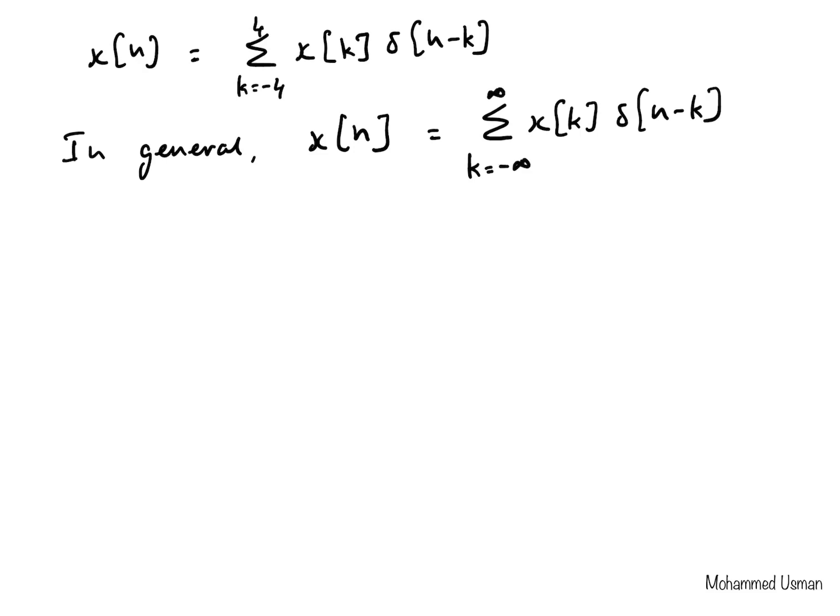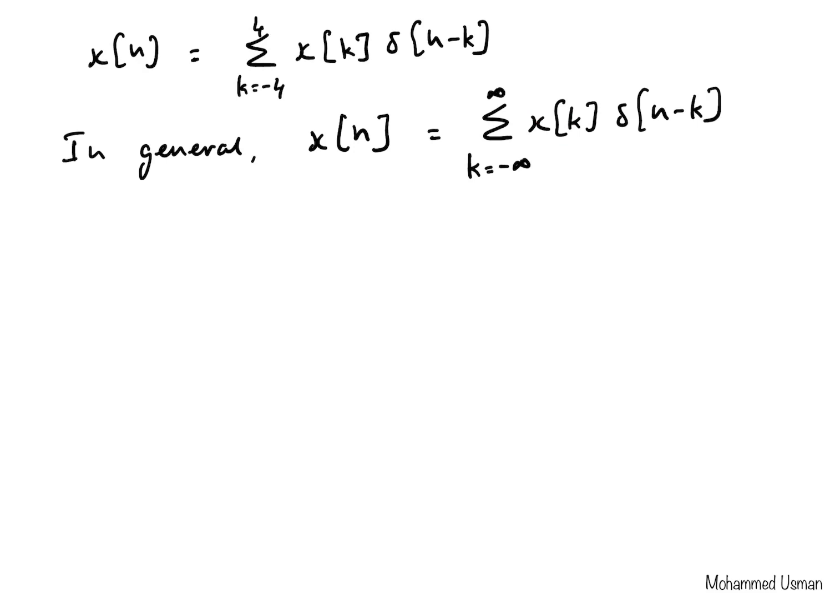So depending on for what values of k the discrete signal x of n is defined, accordingly, we can represent our signal x of n in terms of shifted and scaled unit impulse function. So delta of n minus k is nothing but a shifted version of delta of n, and x of k is getting multiplied with that shifted version, so it's getting scaled by a factor x of k.